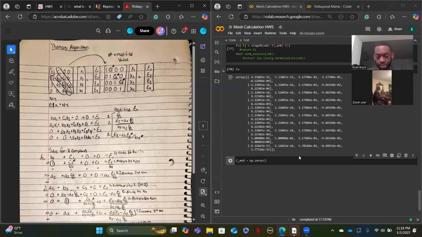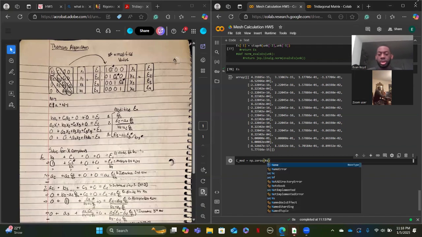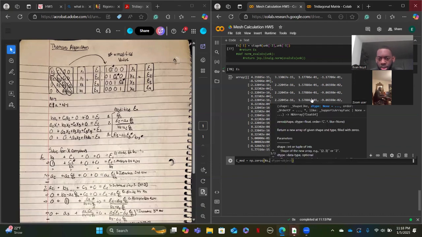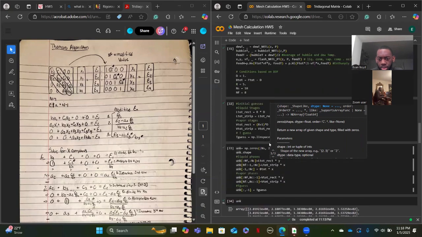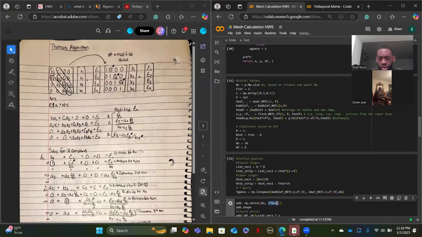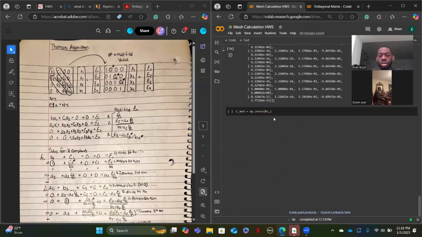Our shape for this, like I said, will be 10 by 5 by 5. So how we do this: we just do our number of stages. Then we'll do what we did up earlier with our unknown matrices.